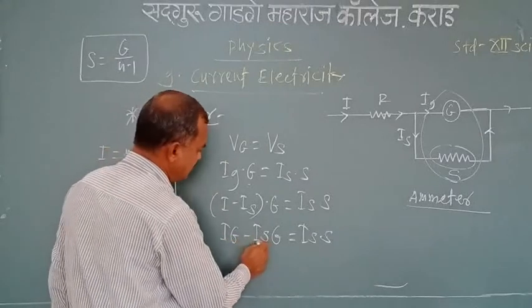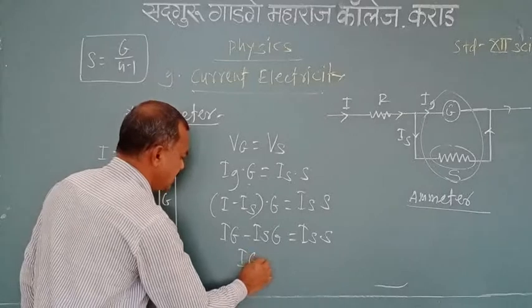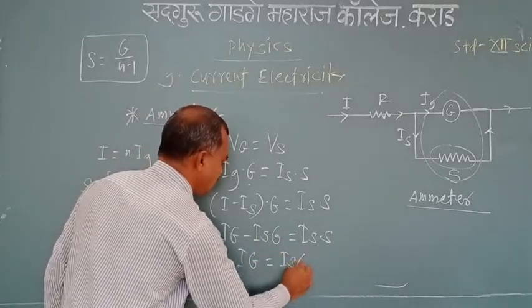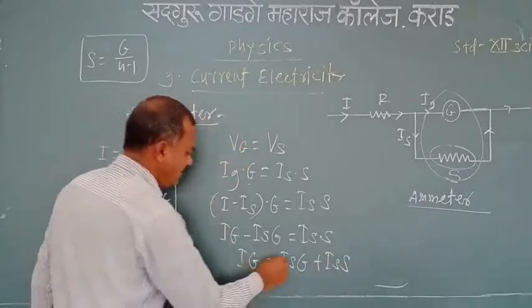This term goes towards the right, that is Is into G plus Is into S. Take the common Is.